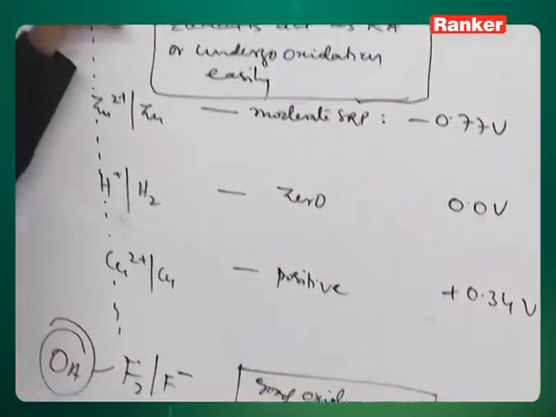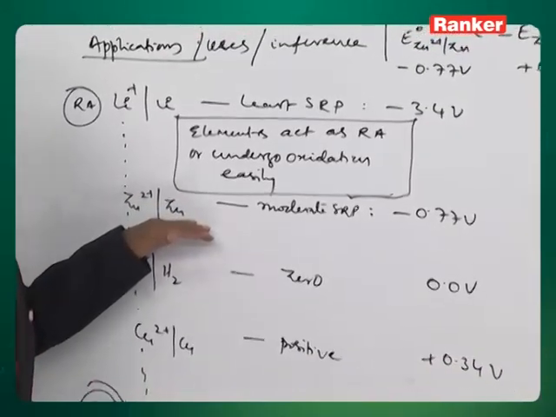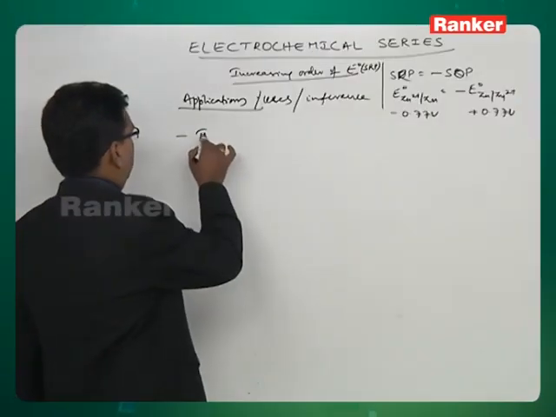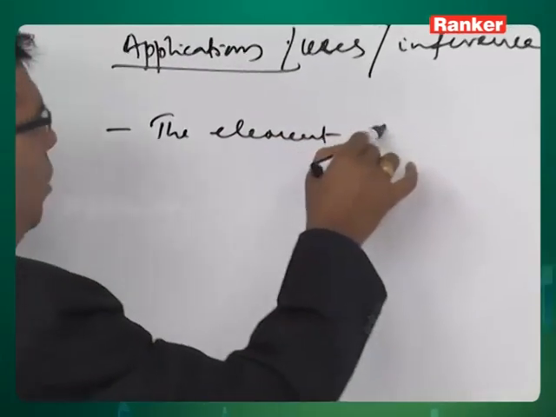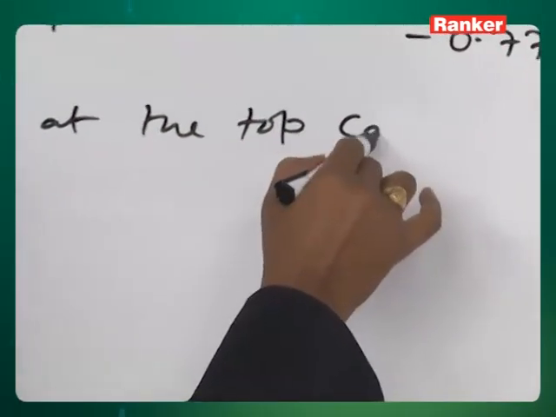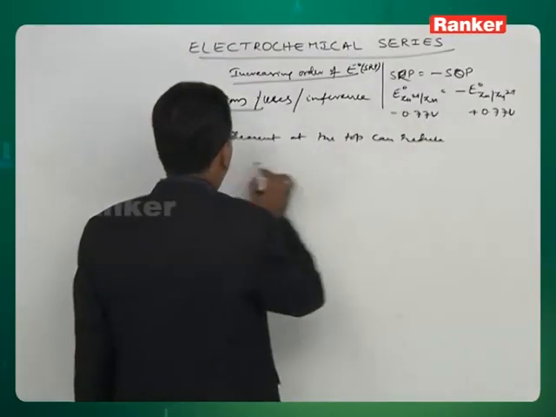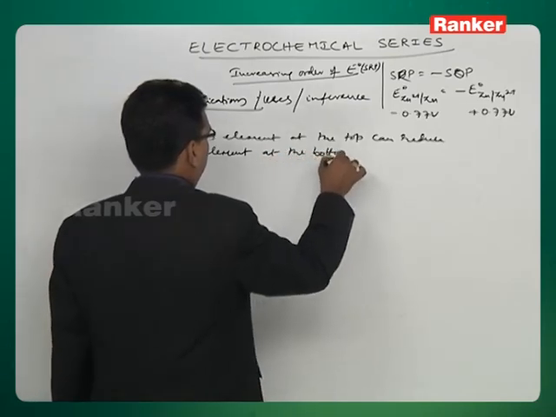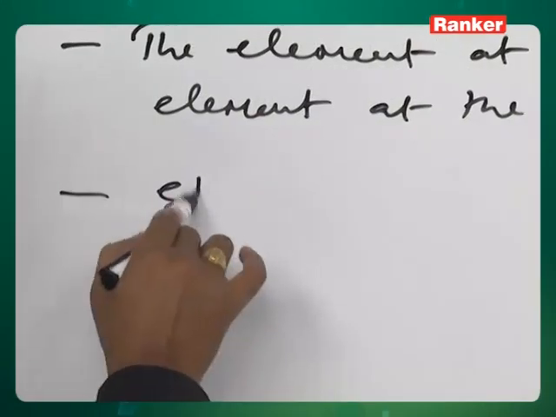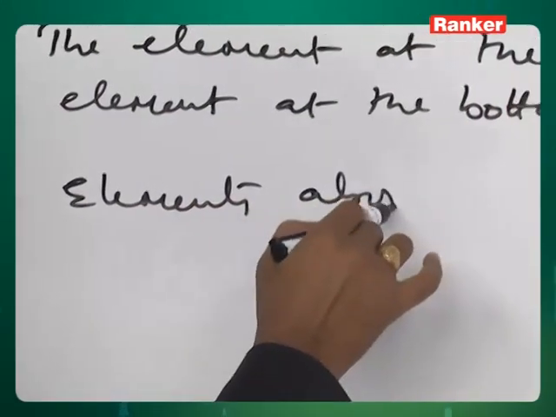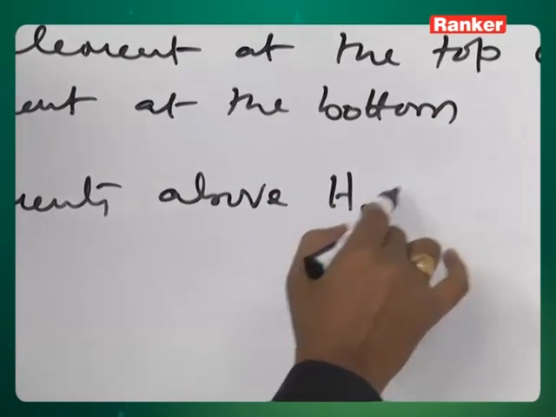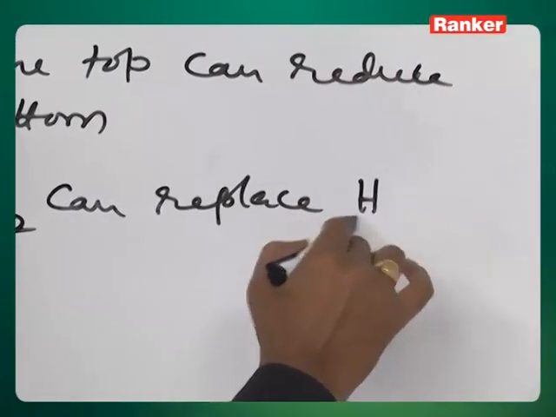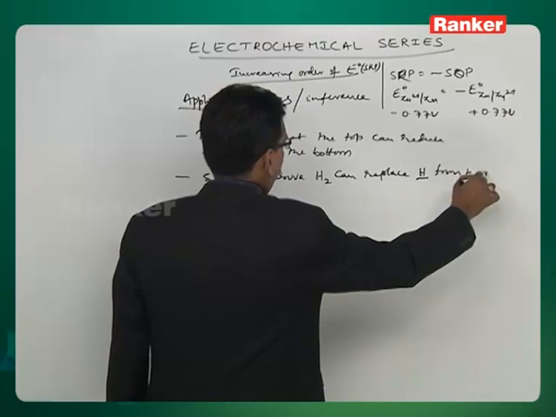The element at the top can reduce the element at the bottom, and elements above hydrogen can replace hydrogen from the acid.